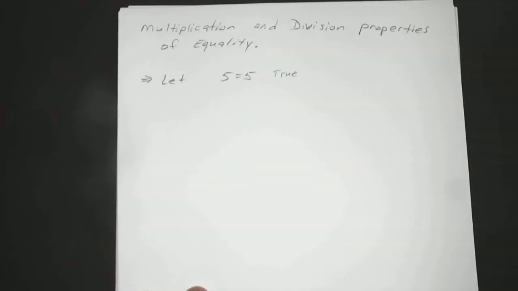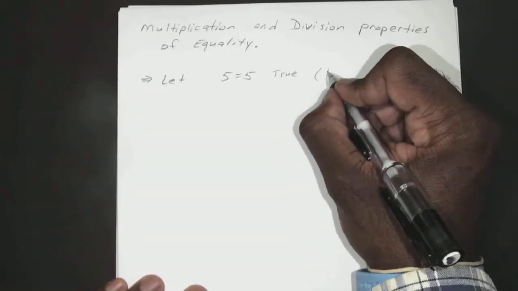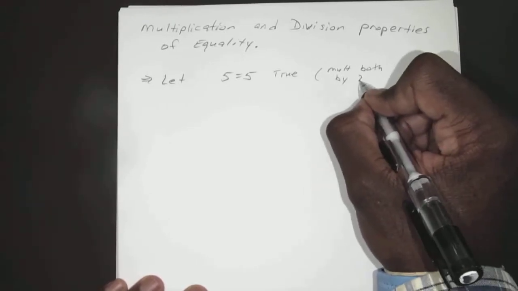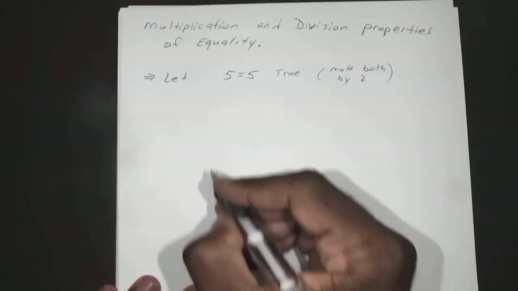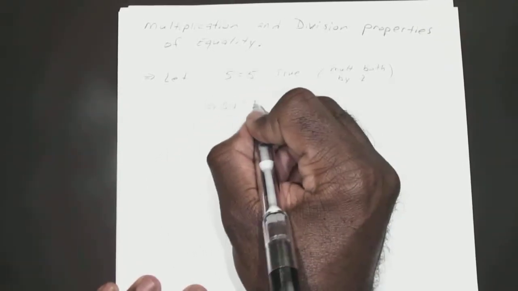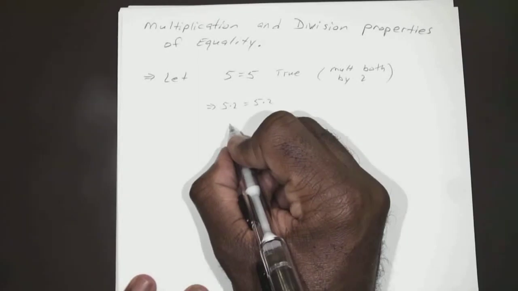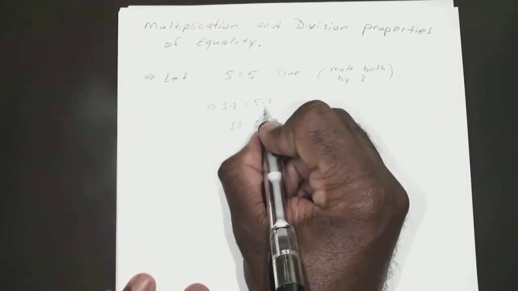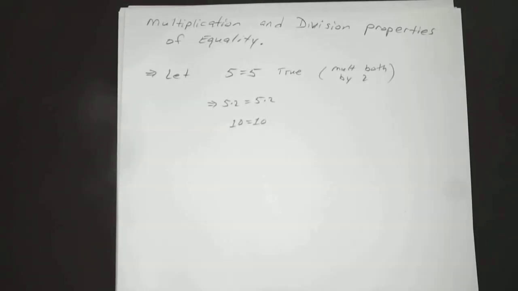Now if we multiply both sides by 2, that gives you 5 times 2 equals 5 times 2, which is 10 equals 10. This side is 10, this side is 10, so that's true.